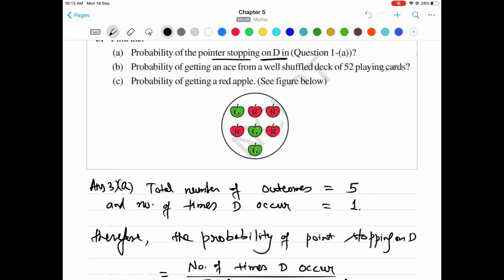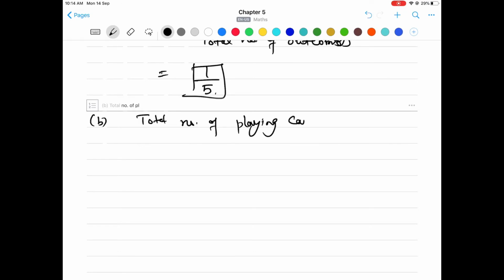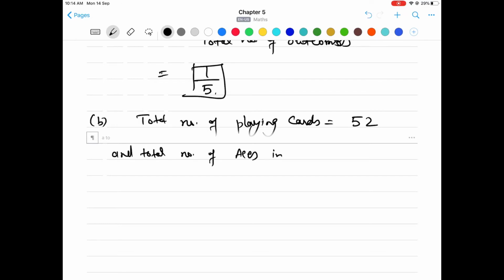Now the second one is the probability of getting an ace from a well shuffled deck of 52 playing cards. Okay, probability of getting an ace. So first we'll write the total number of playing cards, which is 52, and the total number of aces in a deck of cards.